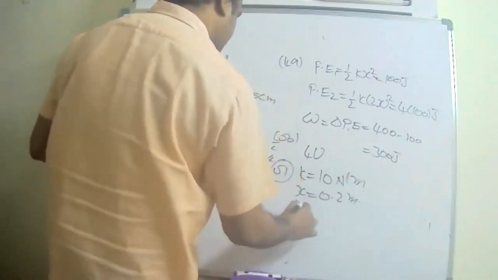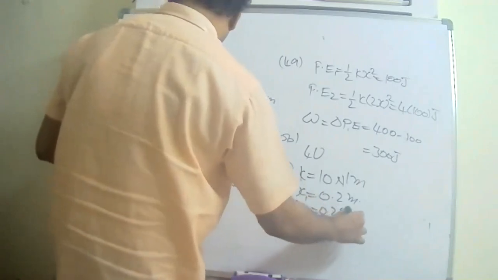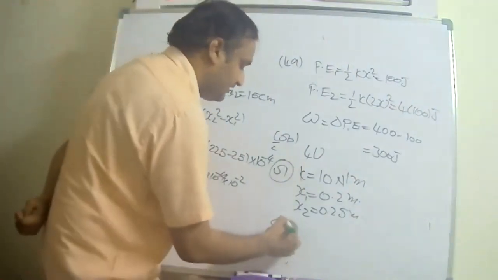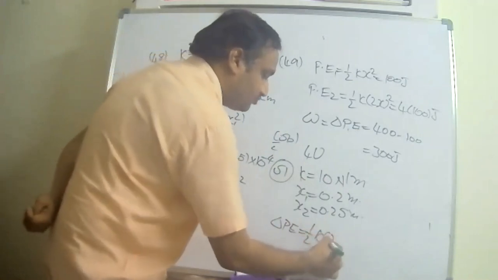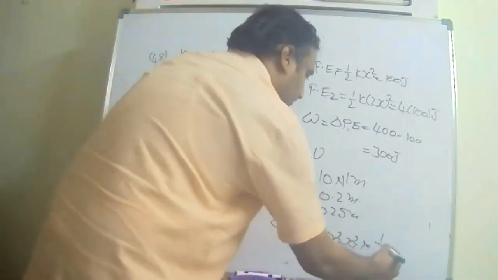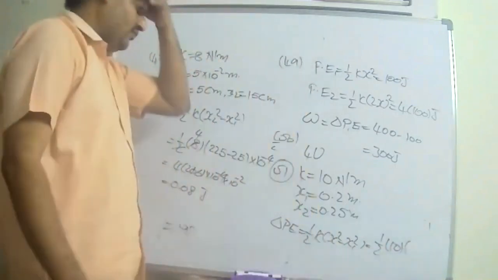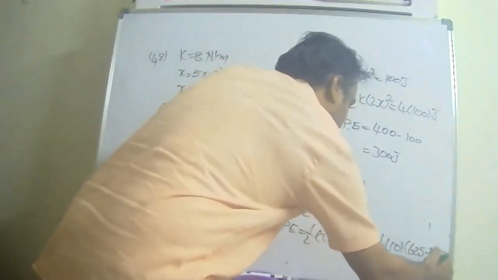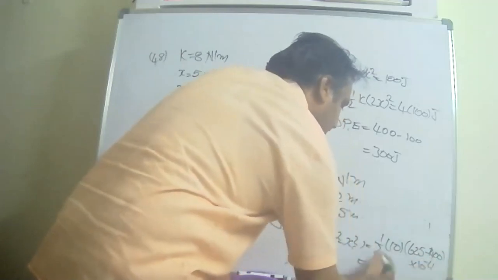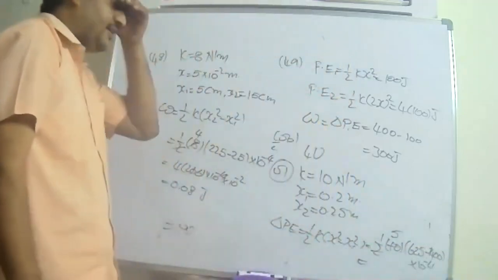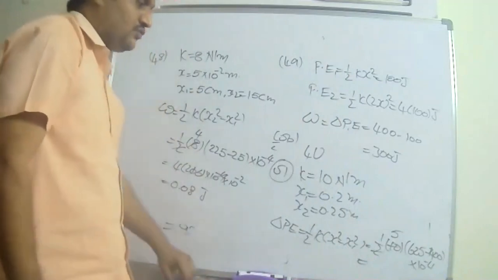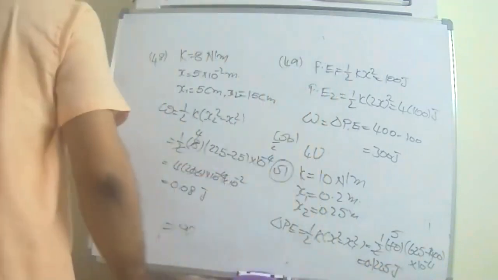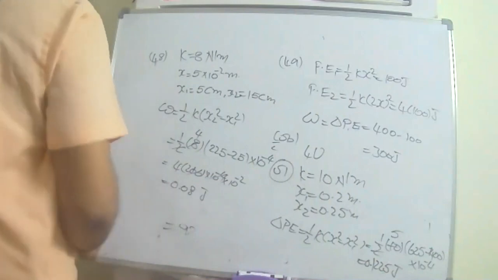In changing its stretch to x2 0.25 meters, the increase of potential energy is about, the change in potential energy, half k into x2 square minus x1 square, that is equal to 1 by 2 into 10 into 0.25 square, 625, minus 400, into 10 power minus 4. 625 minus 400 is 225, 225 into 5, so 1125, so 0.1125 joules. Change in potential energy is 0.1125 joules.